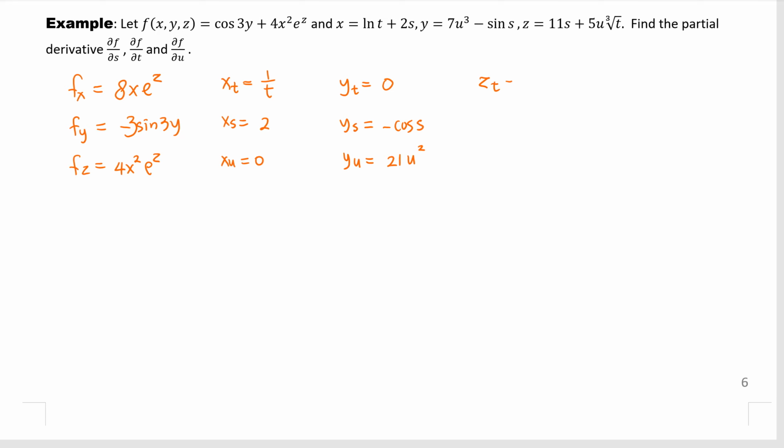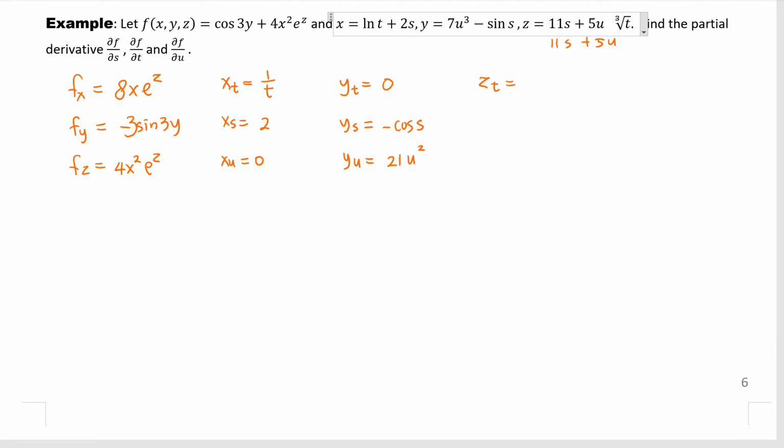Be careful, calm down, do it slowly. Derivative of z with respect to t. Woohoo. So this guy is u. Let me make sure, is this cube roots? Let me emphasize here, this is cube root of t.